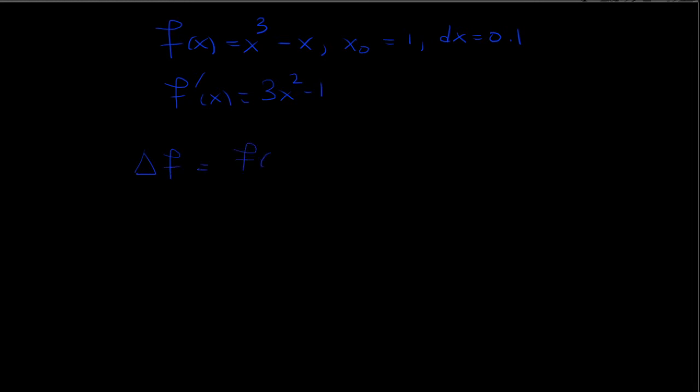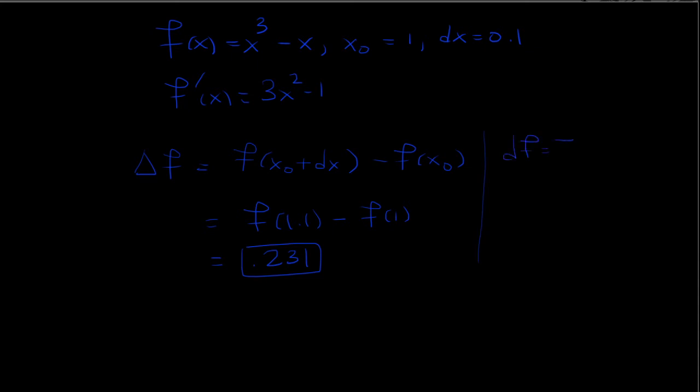And that's just going to be f of x naught plus dx minus f of x naught. In this case, x naught is 1, dx is 0.1, so that would be f of 1.1 minus f of 1. So we plug this in, and we get 0.231 as my change.